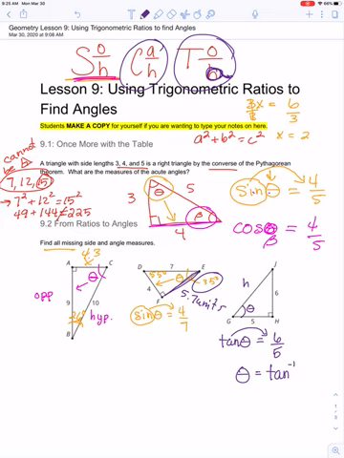So the inverse of tangent of 6 over 5. Type that straight into your calculator. And again, just round to the nearest whole number, so we get 50 degrees. Which means 90 minus 50, hopefully I don't need to write this out for you all, but I will, is 40 degrees. And then theta is 50 degrees.